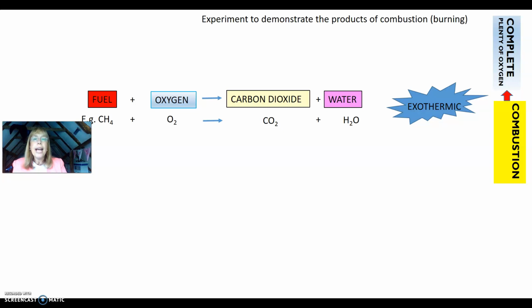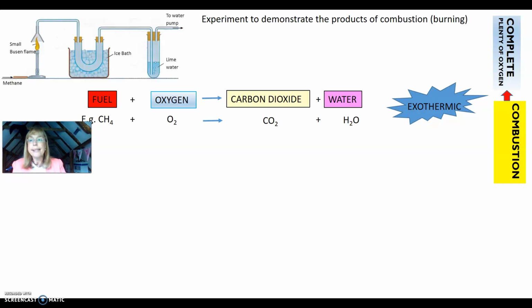Okay. So how did they work out that these were in fact the products of combustion? Well, there's this very simple experiment, and we could do it in the lab where we take a Bunsen burner and an inverted funnel. So we collect the gases as the gas is burning. And we have this U-shaped tube, and we put it in a beaker of ice so that when the gas hits the surface, the gas condenses and forms a liquid.